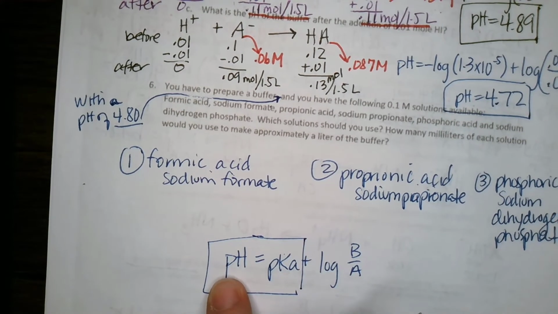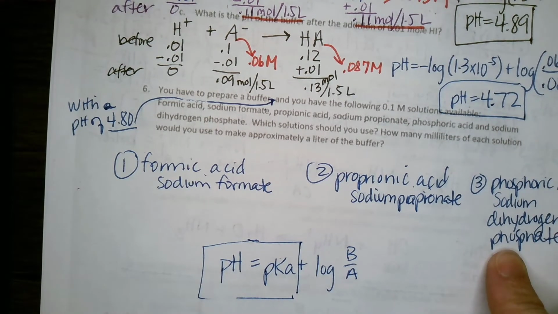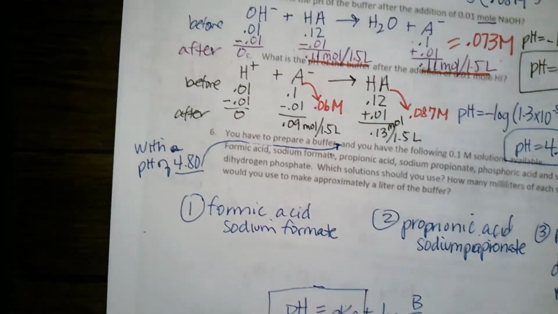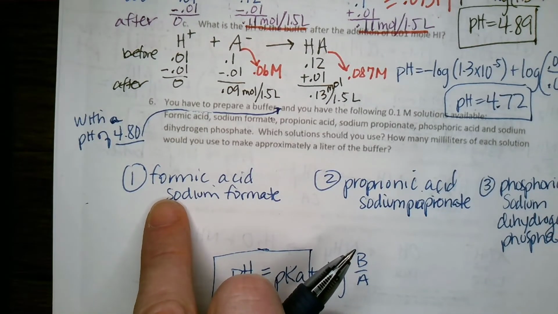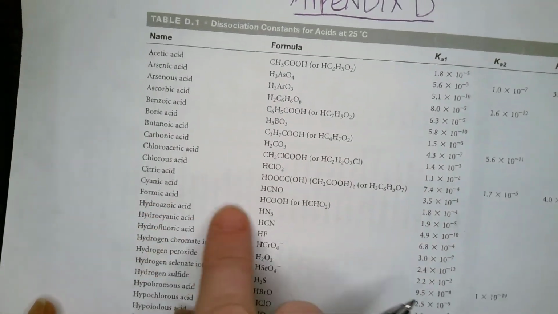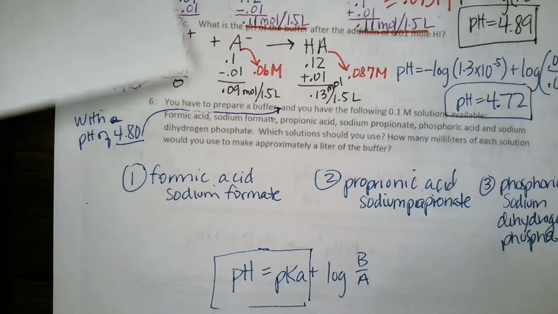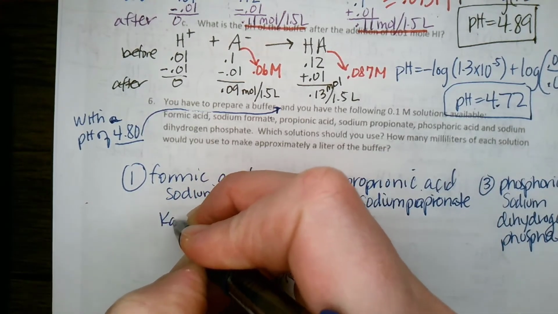So let's see what these Ka values are to see what's the closest to the pH of 4.8. I need to look up on our Appendix D formic acid, and formic acid is 1.8 times 10 to the negative 4. That's our Ka.